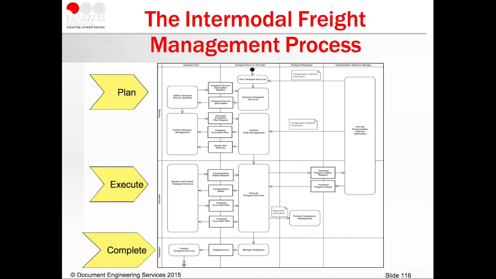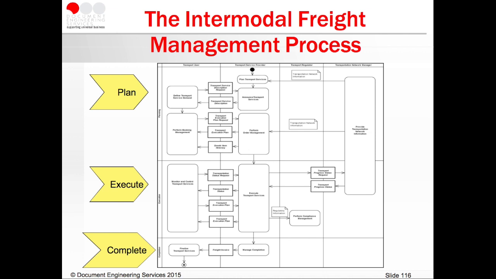And the intermodal freight process covers plan, execute and completion with different document types. The planning is done through a transport service request or a description request and a transport execution plan and its request for one. Also, the goods being shipped are described using a document called the goods item itinerary.